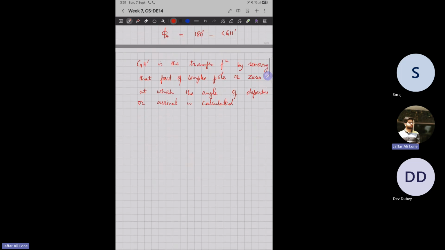Let's try to solve this question, or in particular, let's find the angle of departure in this case. We have GH given by K into (s plus 1)(s plus 2 minus j)(s plus 2 plus j). So we have a transfer function where we have no zeros, we have complex poles. It means these complex poles will converge to infinity, and how they converge to infinity is given by the angle of departure.